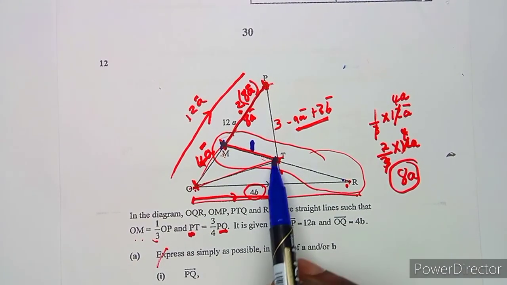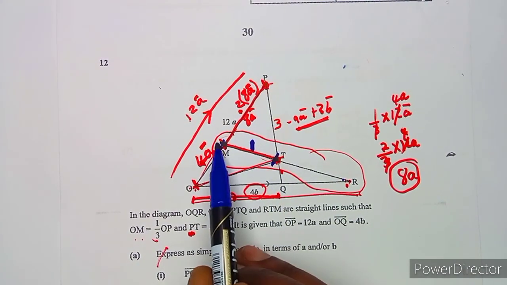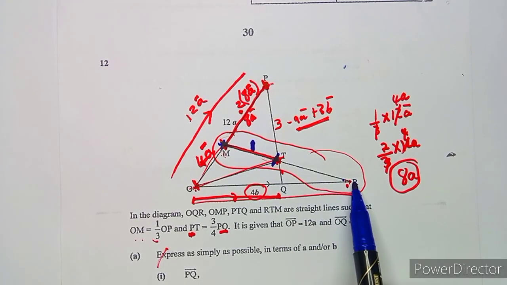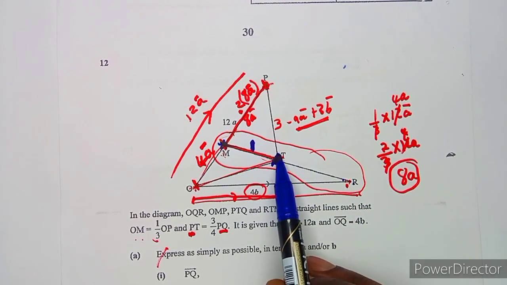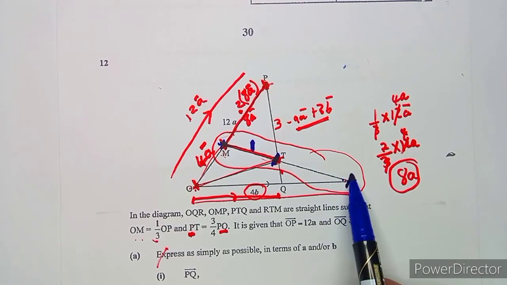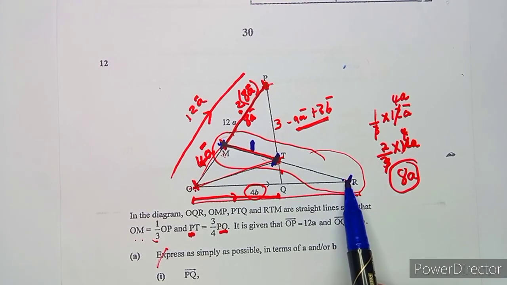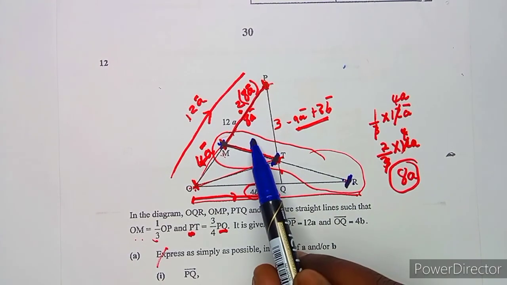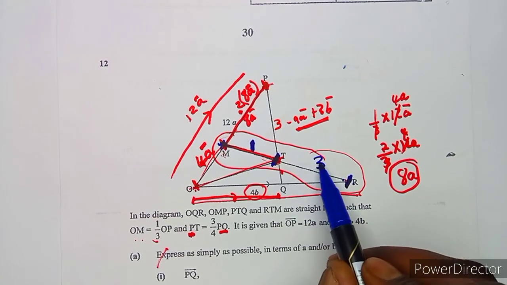So here we have one MT, this one that we see. But we are saying in all this line, there are 4. So how many are left between T and R? It's going to be 4 minus 1, which is actually 3.